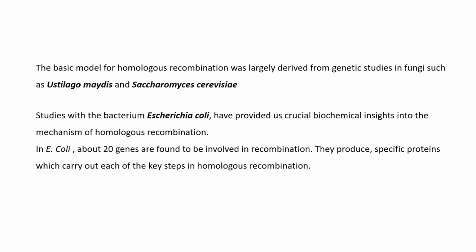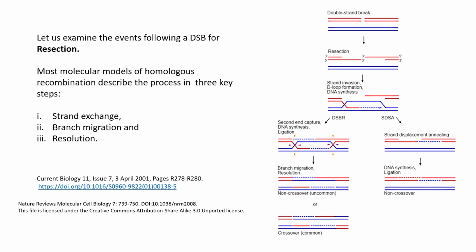They produce specific proteins which carry out each of the key steps in the pathway. So, you can see in this diagram the various steps involved in homologous recombination as well as alternative recombination repair pathways. So, let us examine the events that occur whenever a DSB happens.